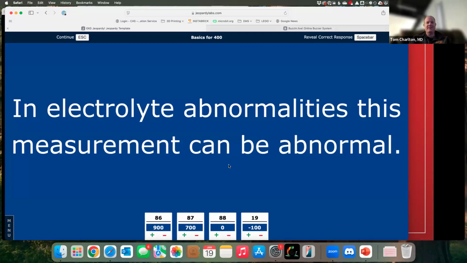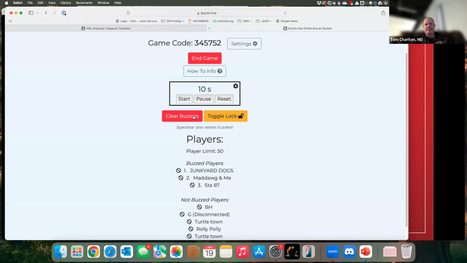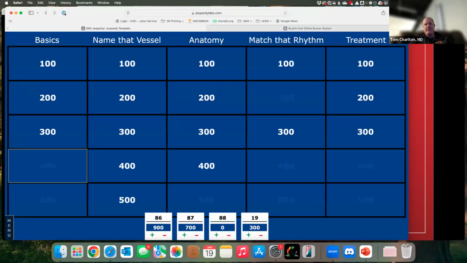Junkyard dogs. What is a QT interval? Yes, good. Okay, what do you guys want? Name that vessel 500. Name that vessel for 500.